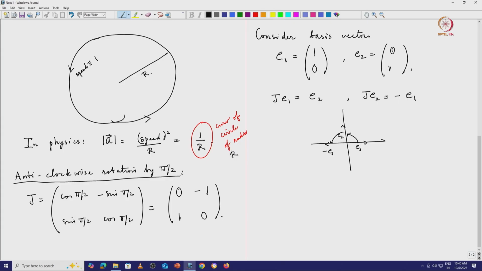So when I say anticlockwise rotation of any vector by pi by 2, I actually mean just multiplication by this matrix J, right. So for my curve gamma, let T of s be the velocity vector. Since it's arc length parametrized, this is a unit vector, and I define n of s to simply be J applied to T of s. Okay.